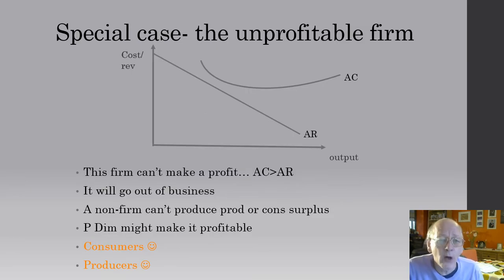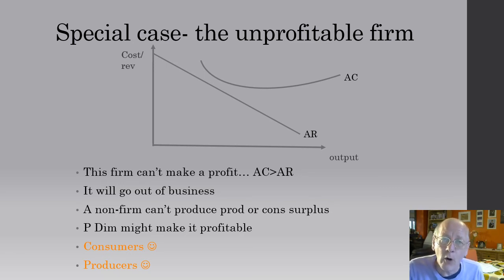Well, there are some firms that could not make a profit unless they price discriminated. So they'd be facing an average cost curve that is above the average revenue curve. That means it'll make a loss. No firm can continue in business in the long run if it makes a loss, so it would go out of business. So this could be perhaps a theatre, or it could be a rail company. Now, if you're not a firm, you are not a theatre, then you can't put on plays.